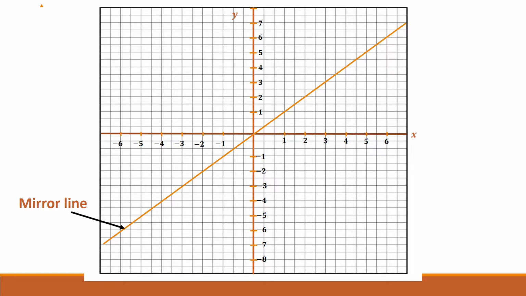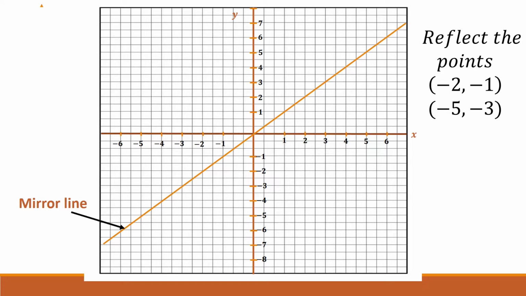Now let's look at an example under reflection in the line y equals x. Reflect the points (-2, -1) and (-5, -3) in the line y equals x.